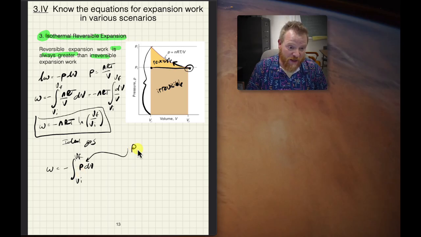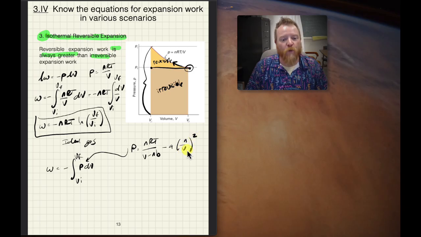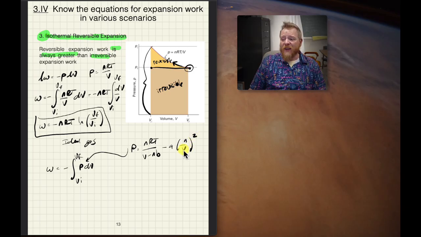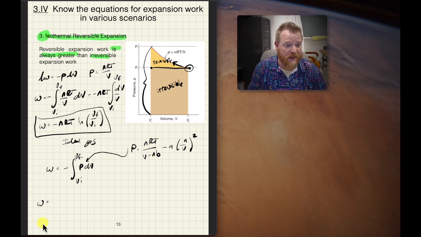So we'd have to say P equals nRT over V minus nb, minus a times n over V all squared. And it's really not that difficult of an integral, right? And I'll put the solution down so we can see.